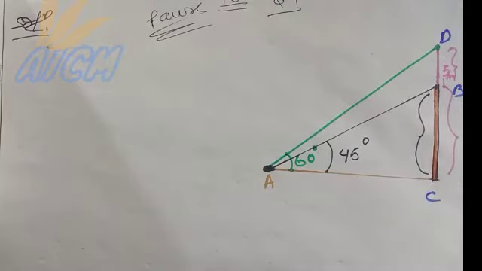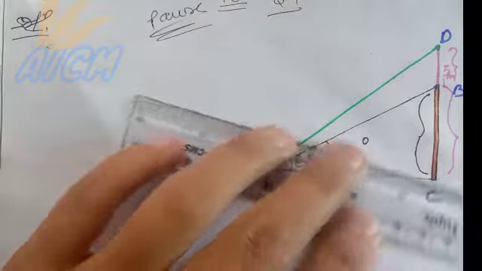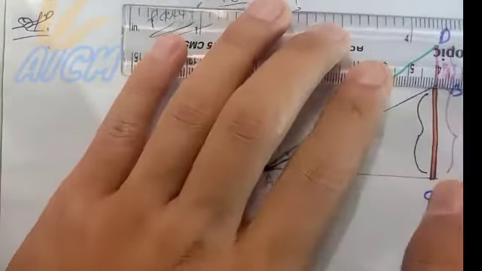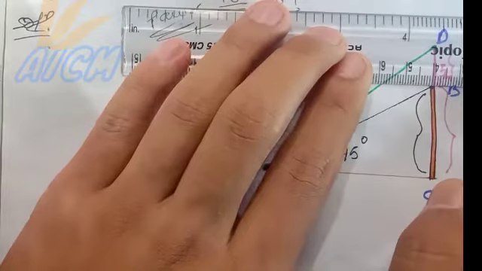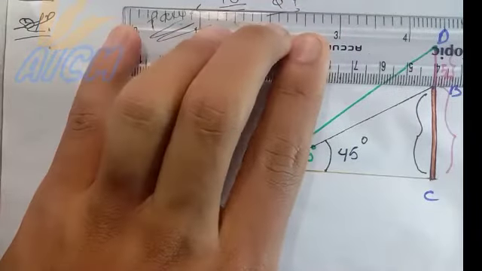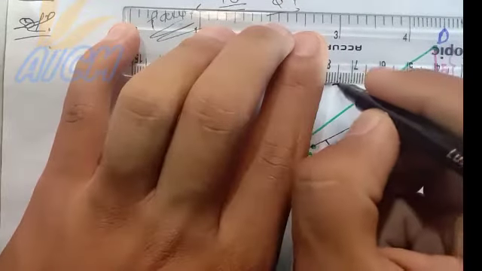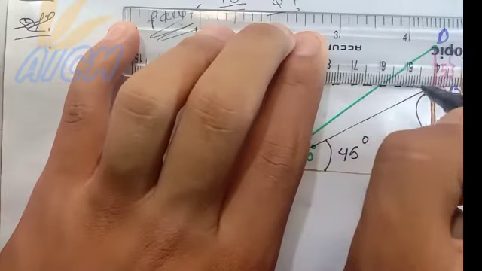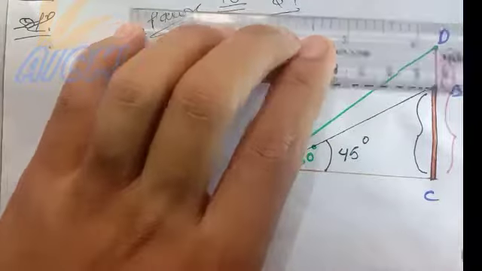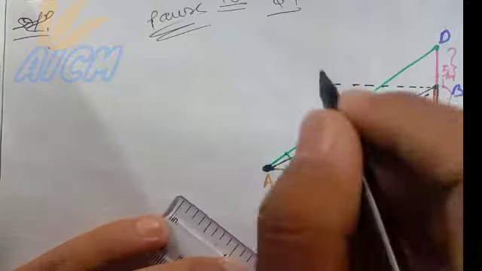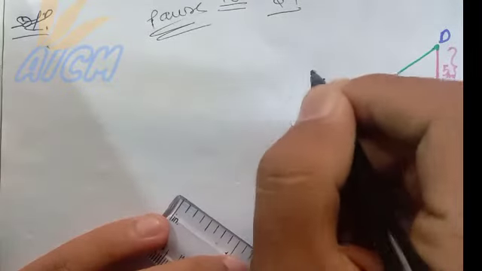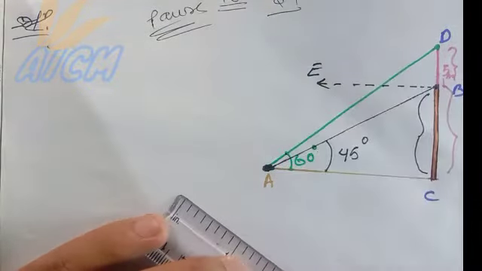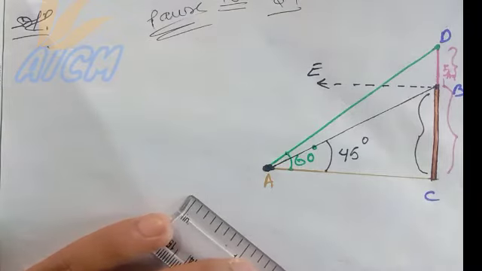And then one thing, let me draw one more. Whenever we are drawing angle of depression, let's draw one imaginary line here, and let's name this as E. Why?